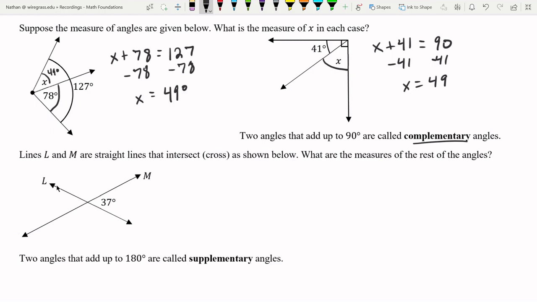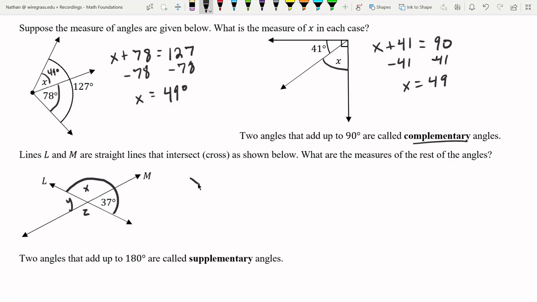Now, if I have two lines that cross each other, these are called intersecting lines because they intersect. What are the measures of the rest of the angles? Label them as x, y, and z. First off, these are straight lines, which means this angle here is a straight angle. It has to equal 180 degrees.